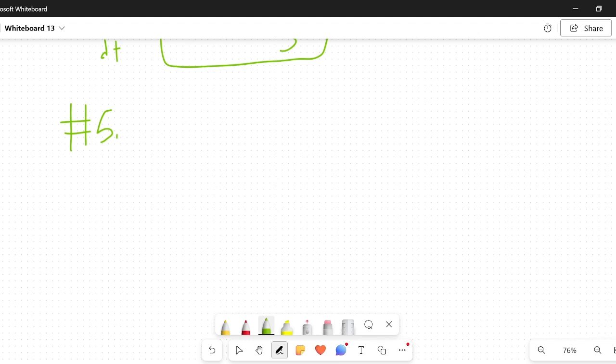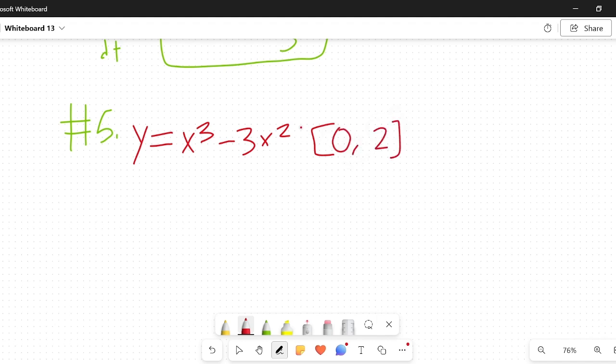So for problem number 5, let's say we're tasked with finding the maximum and minimum value of this function, x cubed minus 3x squared, between 0 and 2.